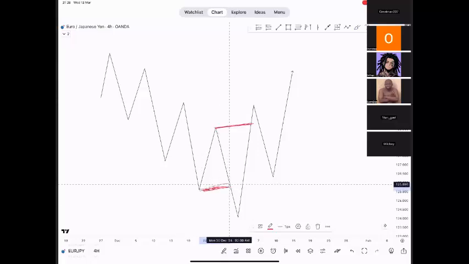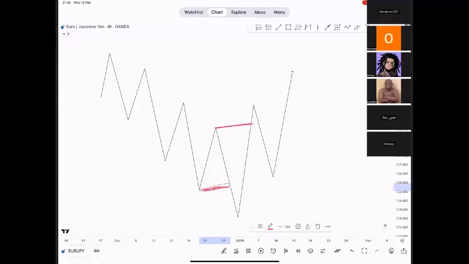And this change of character comes with an unconfirmed change in the direction of price, right? Which means that there are high chances that price is going to change its direction, but you need a confirmation to confirm that price has now changed its trend. Meaning that if it was buying and you see a change of character, you would wait for a confirmation to now assume that, okay, you're no longer buying, you have to start selling.